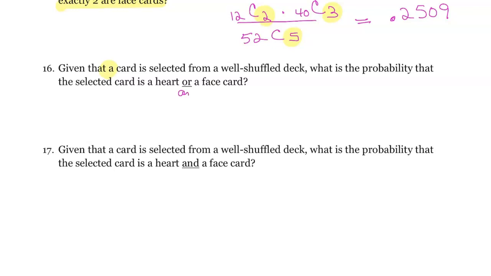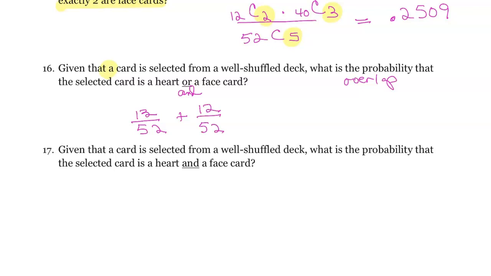I want you to think about overlap. What's the probability that the card selected is a heart? Well, there are 13 hearts out of the 52. And how many face cards? 12 out of the 52 are face cards.